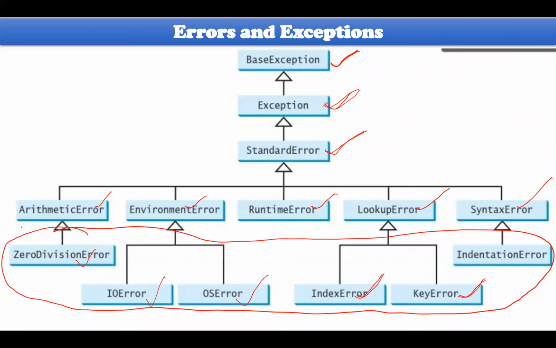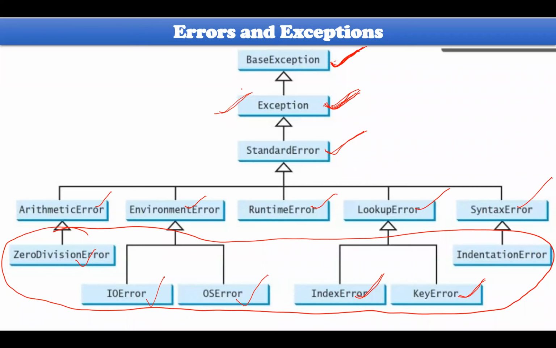Whatever exceptions I have marked here, there are many errors. But BaseException is a simple, single supermost class. This supermost class is inherited by Exception. So we are able to use only this Exception in our program.